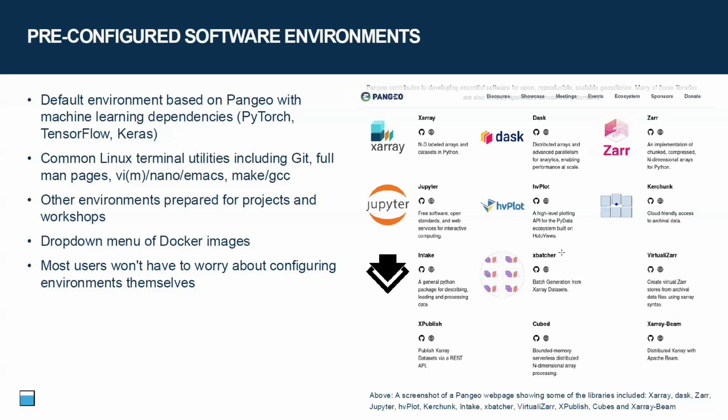And so we've set up a default environment on this platform where when you log in, if you pick the default, you will get the Pangeo stack, which is sort of the popular geoscience libraries and machine learning dependencies, so things like PyTorch, TensorFlow, and Keras. You'll get hopefully most of the Linux utilities you'd want, so Git, for example. Emacs for me. Yeah, hopefully that's enough for most people to just log in and start working.